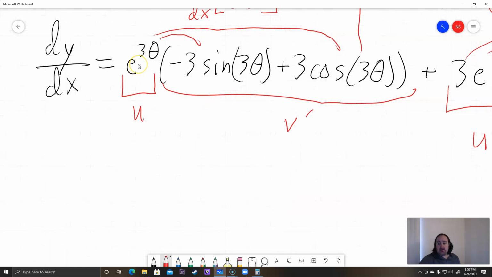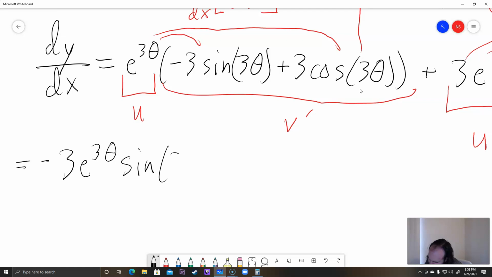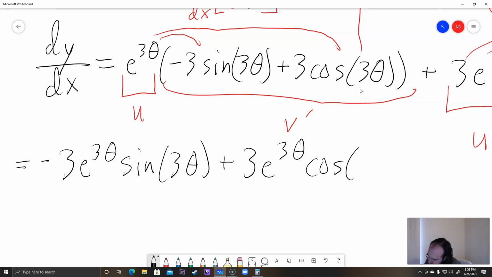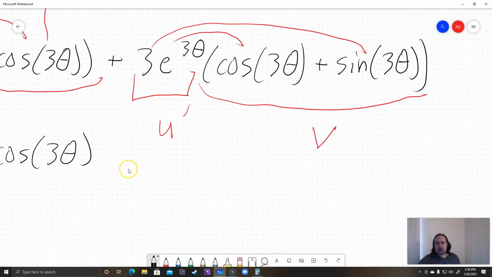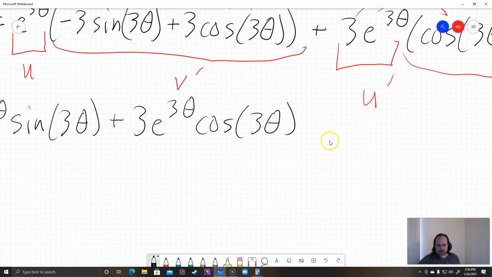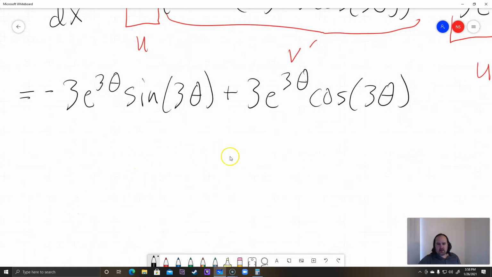Distributing the e to the 3 theta, we actually get negative 3 e to the 3 theta times sine of 3 theta, and then plus 3 e to the 3 theta times cosine of 3 theta. So this one's quite messy. All I did there was distribute the e to the 3 theta to each of these terms. And then rather than writing the whole thing horizontally because it's hard to read, now I'm going to write the other terms down here.